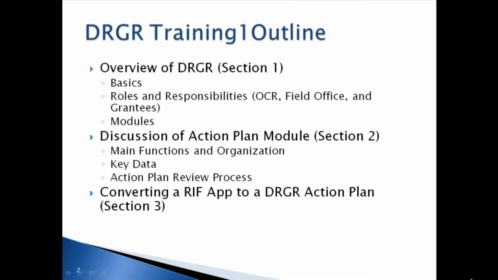OCR would recommend that the grantees utilize this template titled Project-Activity Organization, again slide number 37, which requires the grantee to enter and organize fields such as project title, budget, activity category, activity type, responsible organization, and leverage before creating the action plans in DRGR.